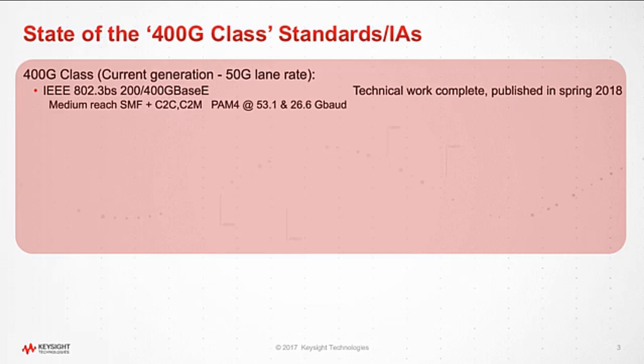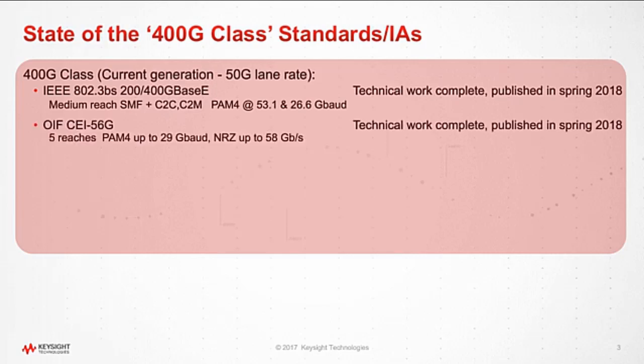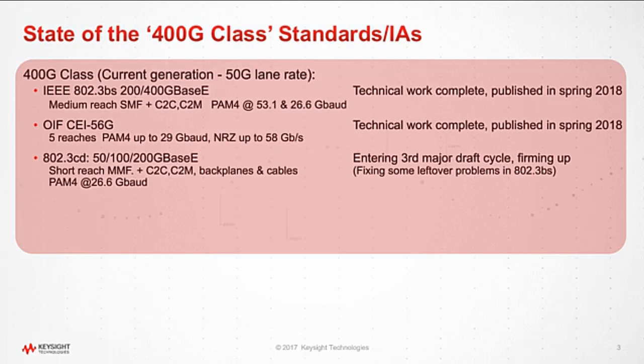So, on the electrical side, OIF CEI, the Common Electrical Interface, there's a series of documents that cover 5 different reaches, everything from die to die on the same chip carrier to backplanes and everything in between. These standards are in the same state: the technical work is complete, and they'll be published in very, very late winter or early spring 2018. So it's kind of in the same state as 802.3bs.